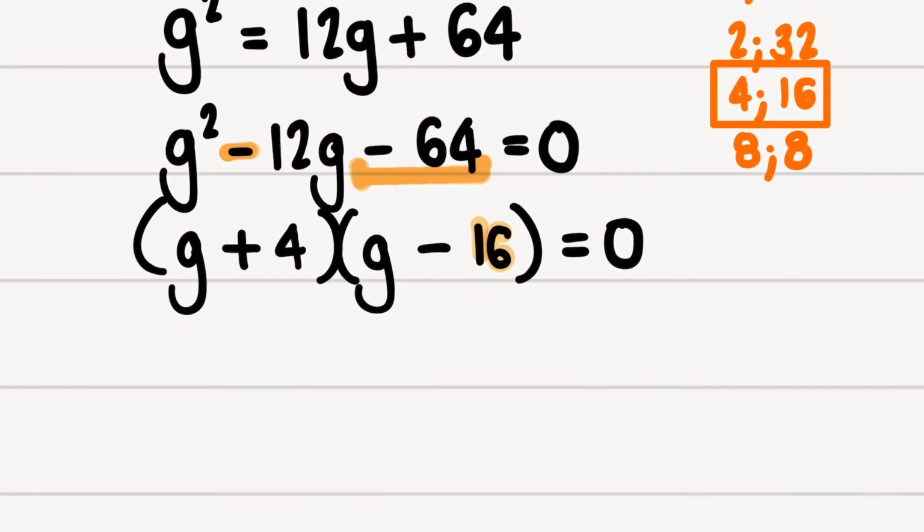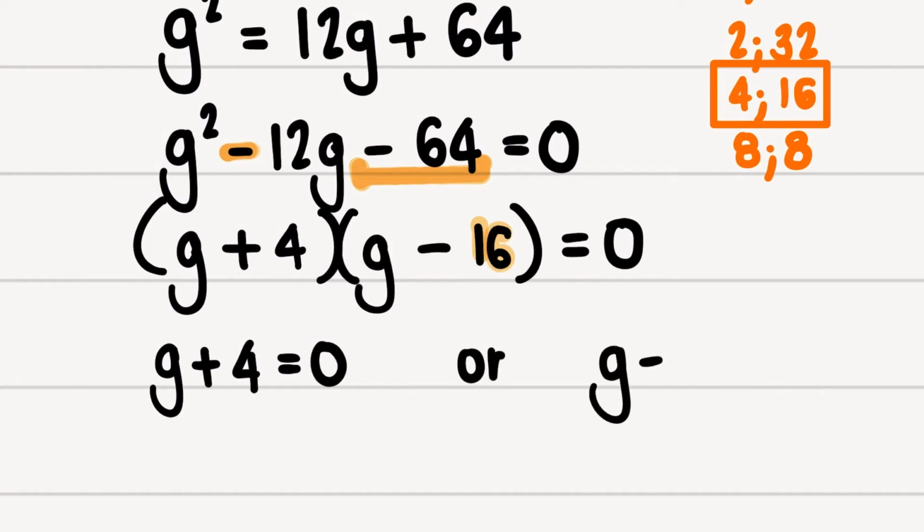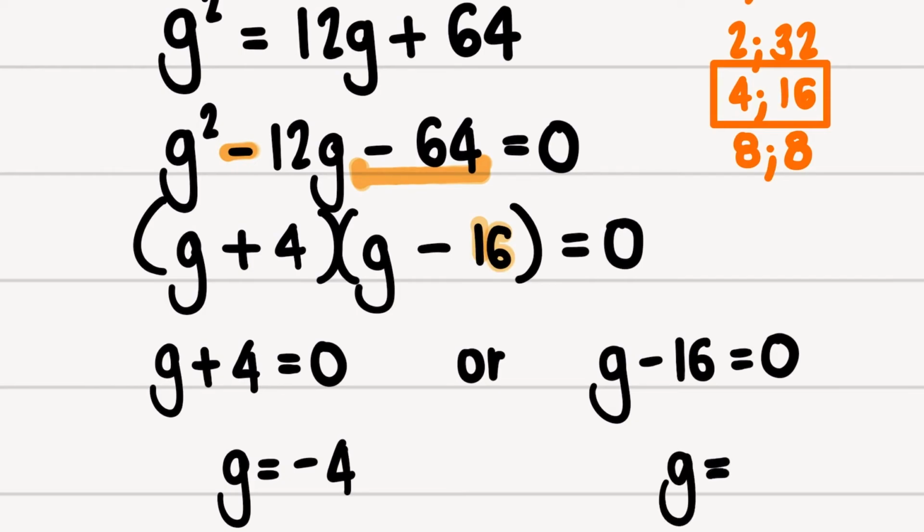So now to solve this, I'm going to have g plus 4 equal to 0, or g minus 16 equal to 0. If g plus 4 equals 0, g is equal to negative 4. If g minus 16 equals 0, g is equal to 16.